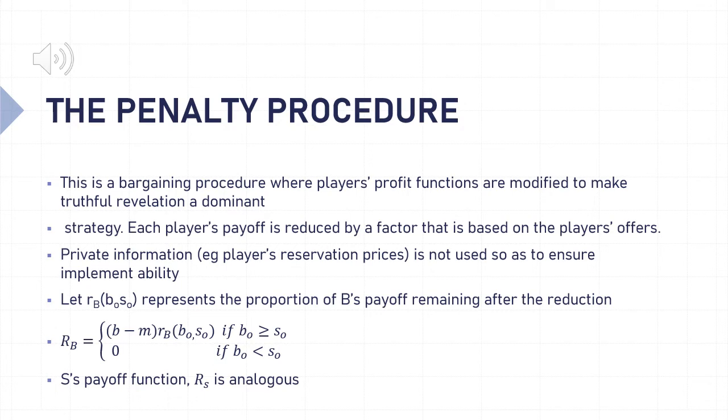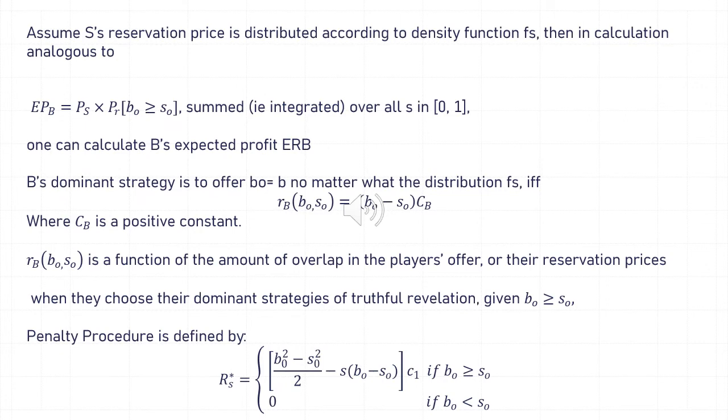Private information, for example, a player's reservation price, is not used so as to ensure implementability. Let R(B, S) represent the proportion of B's payoff remaining after reduction, calculated below. S's payoff function is analogous. Assume S's reservation price is distributed according to density function F, then the calculation analogs are inserted below.